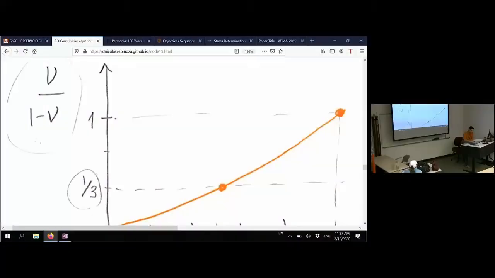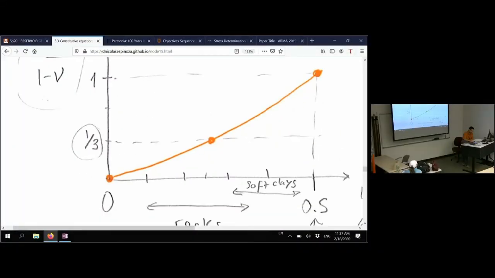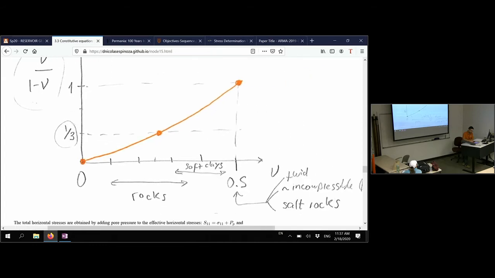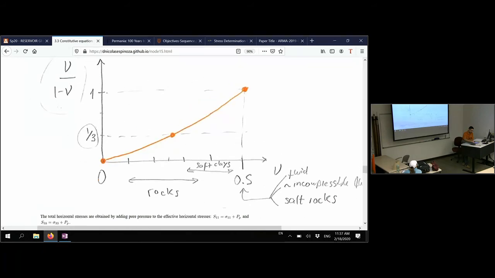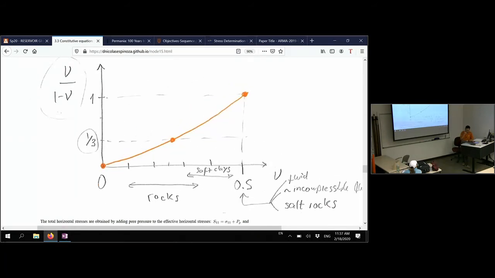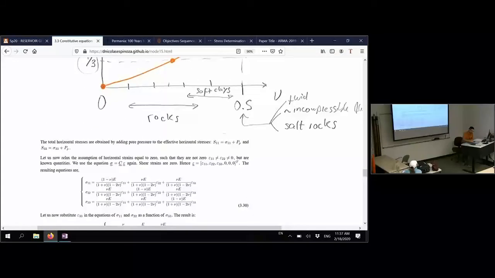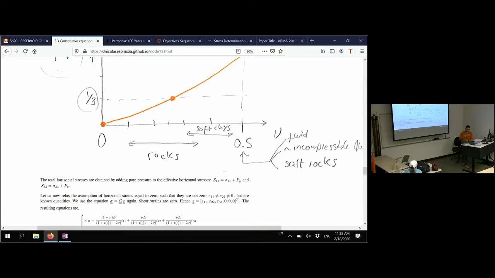And here I have the same plot, but I have to complete it. And the one that I just did is a little bit more complete than the one that you have right now. And the only thing that we have left now is to actually calculate these stresses.